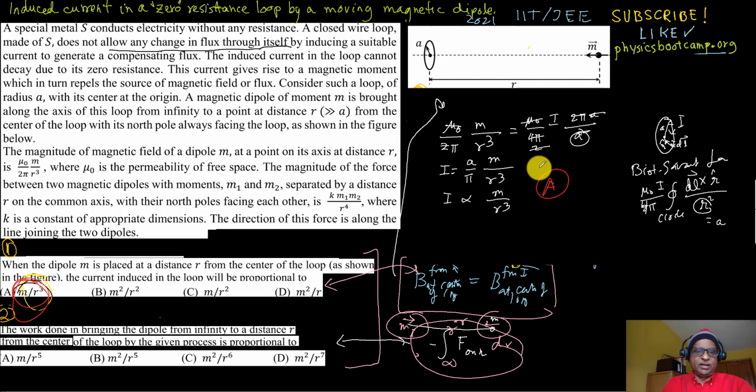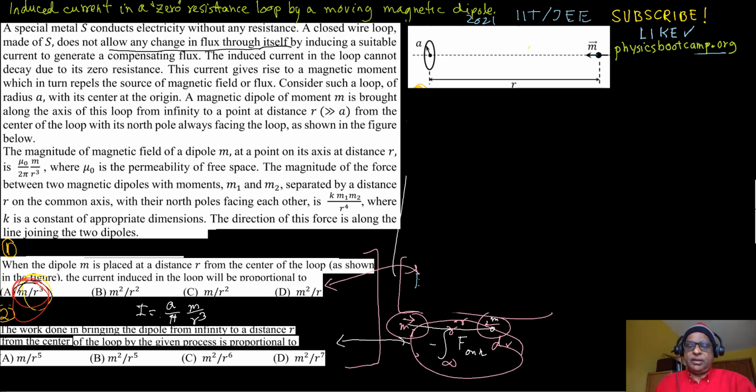Okay, let's try to do problem number 2. To answer number 2, we're given the force between m1 here and m2 here at a distance r. But we have this and m, and that distance is r.